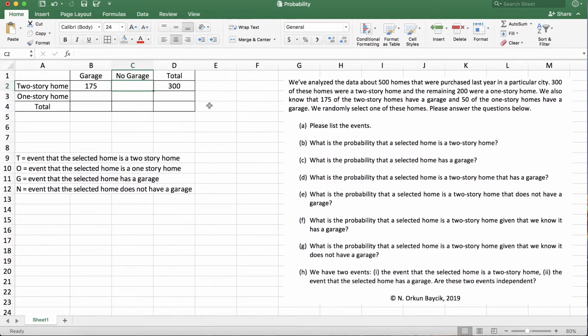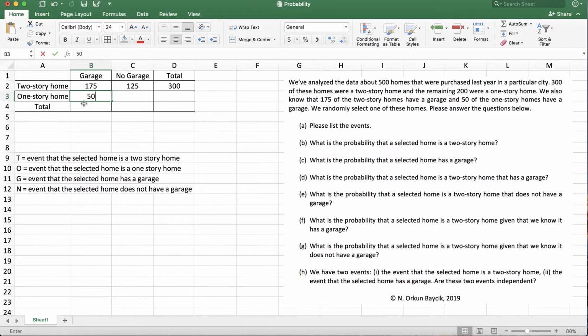And if 175 of them have a garage, how many of them don't have a garage? The answer is going to be the difference between the total number of two-story homes and number of two-story homes that have a garage. So that difference is 125. How many of the one-story homes have a garage? That is 50, right? 50 of the one-story homes have a garage.